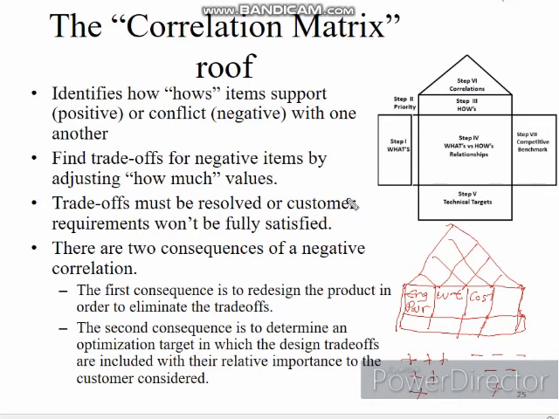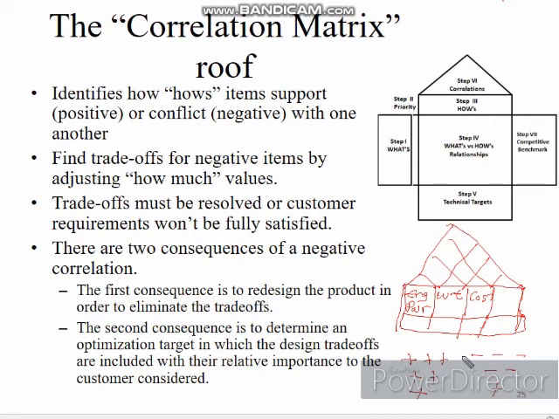Just before we go any further, let me show you how this is done. The correlation among the design parameters can be assigned some weightage. So if it's a strong correlation, then you put three pluses. If it's a medium correlation, you put two pluses. And if it's a weak correlation, you put one plus.